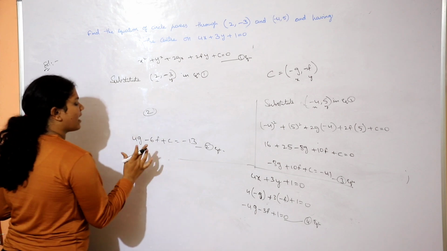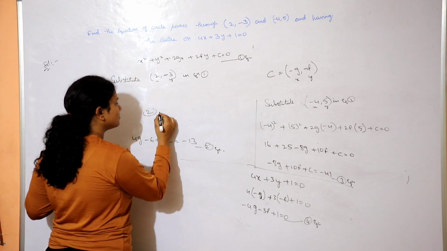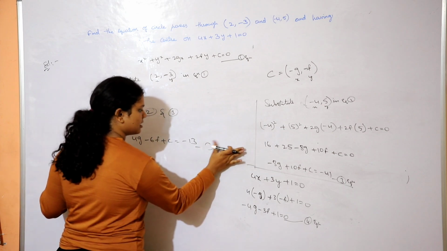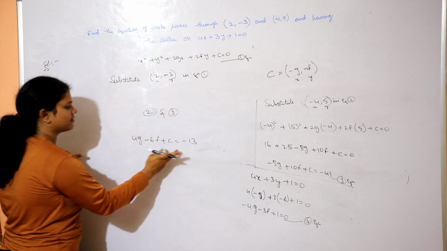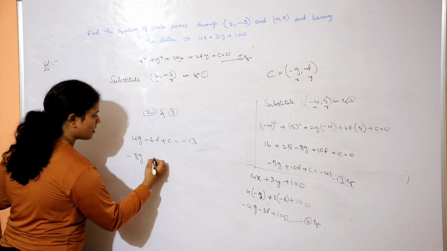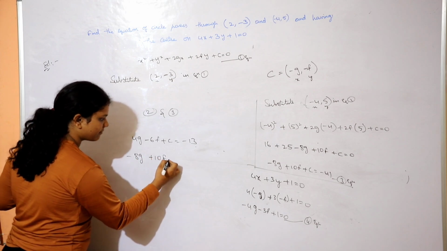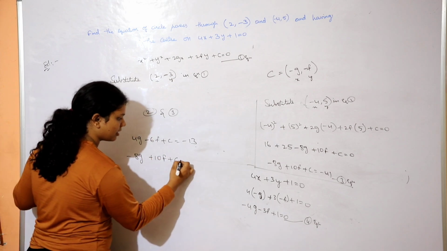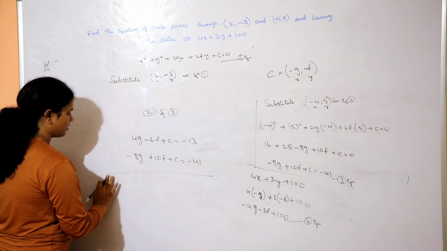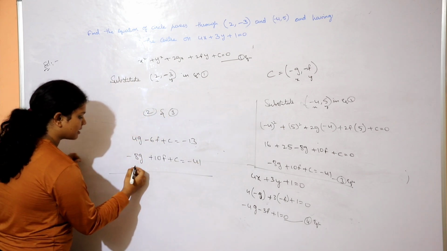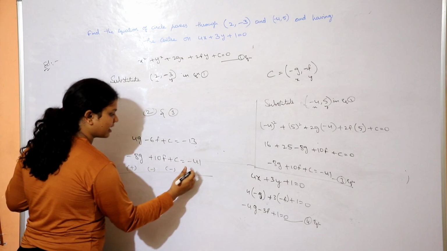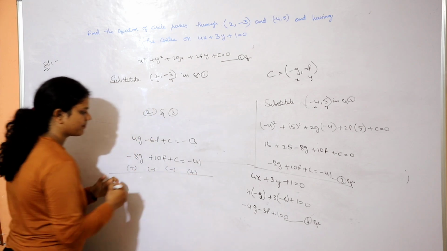So here you are solving equation number 2 and equation number 3. This is the second equation, and take equation number 3, which is minus 8g plus 10f plus c equals minus 41. So here our minus becomes plus, plus becomes minus, plus becomes minus again, minus becomes plus.